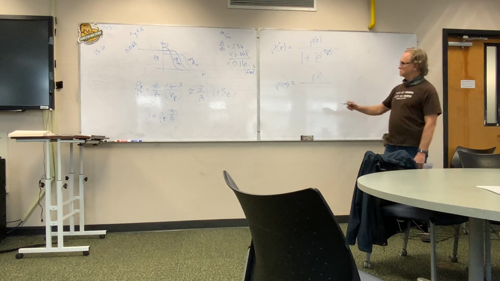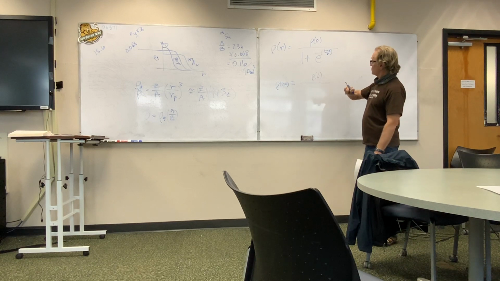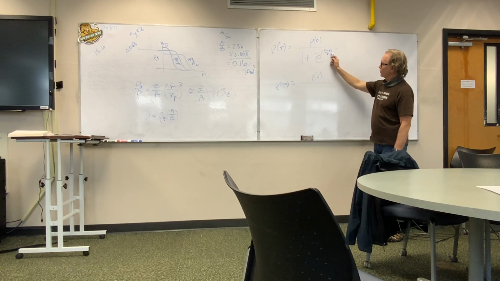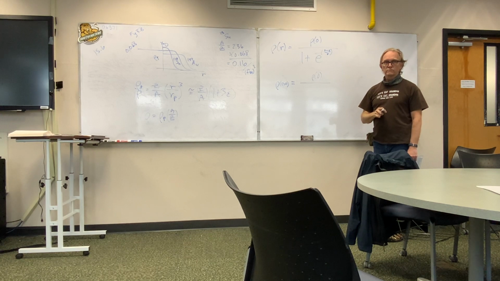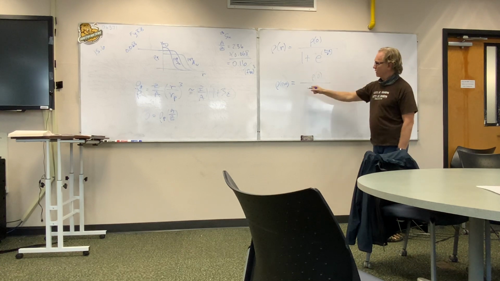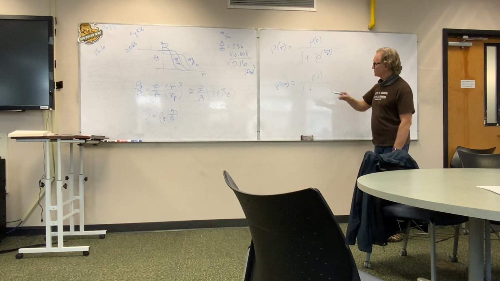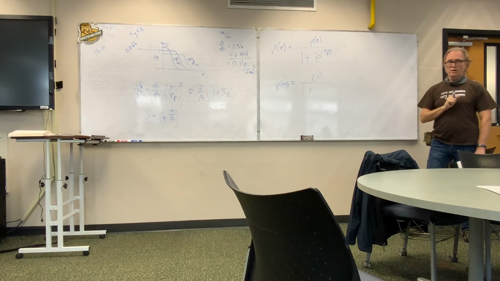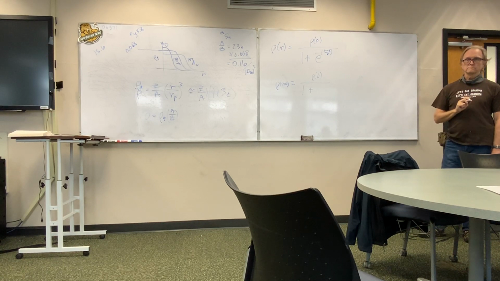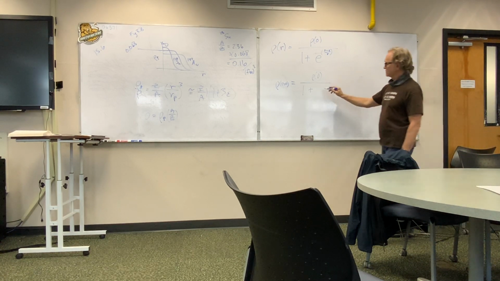Zero over 2. Not 2. R is going to be 0, but that whole top isn't going to be 0. It will be in a minute, but not now. And 1 plus, what do I get when I put R equals 0? E to the negative A over B. Exactly.